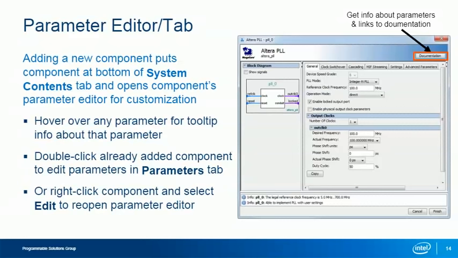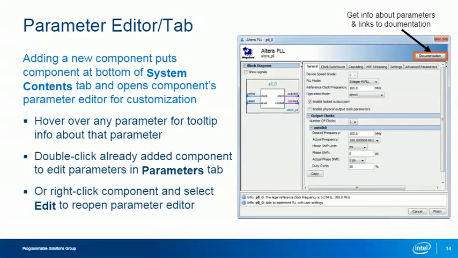In the parameter editor, hover over any parameter to see a tooltip for that particular setting. You can see all these tooltips and get access to documentation that provides more details on the component and its parameters by clicking the Documentation button. While the parameter editor will prevent you from selecting incompatible settings, be sure to check the Messages window at the bottom of the editor to see if there are any issues with the parameters you've selected.